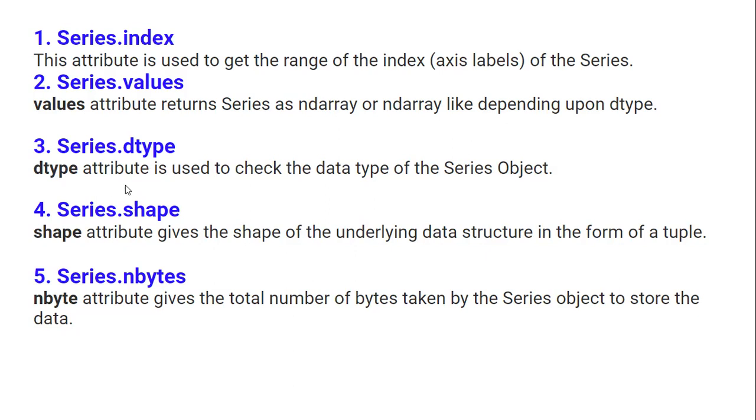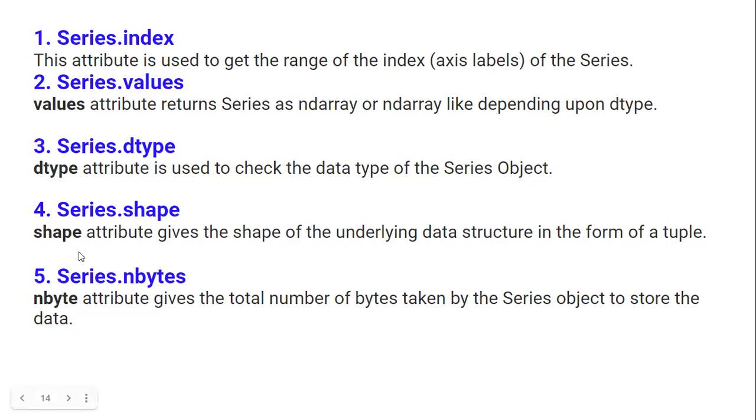Then series.dtype. This dtype attribute is used to check the data type of the series object. What is the data type of the data you have stored in your series? You will get that using the dtype attribute.